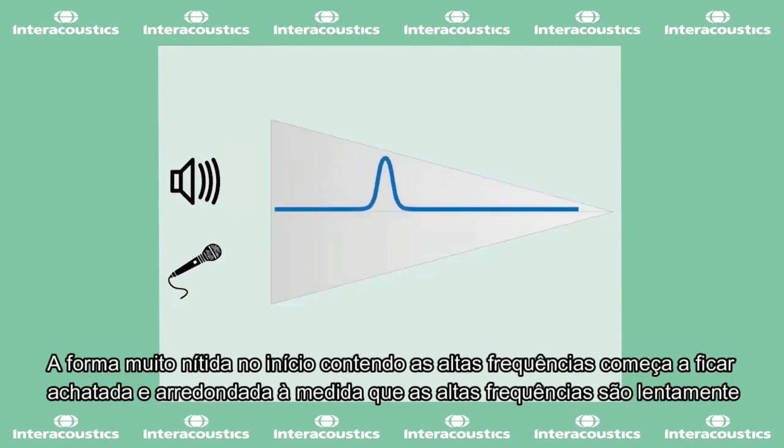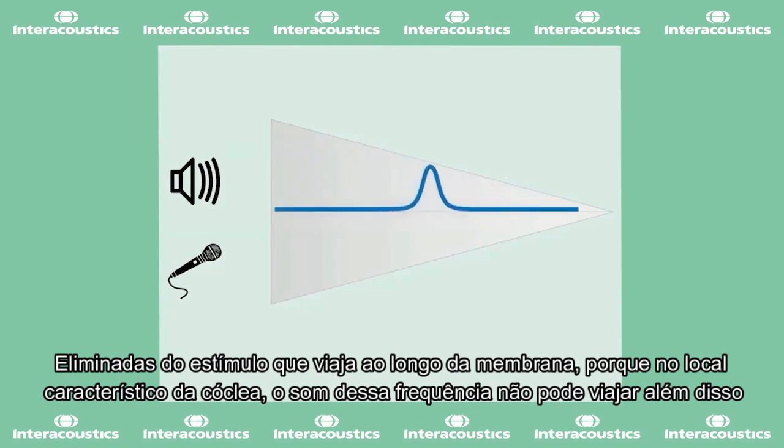So the very sharp shape at the beginning, containing the high frequencies, begins to get flattened and rounded as the high frequencies are slowly eliminated from the stimulus as it travels along the membrane. Because at the characteristic place in the cochlea, the sound of that frequency cannot travel beyond it.